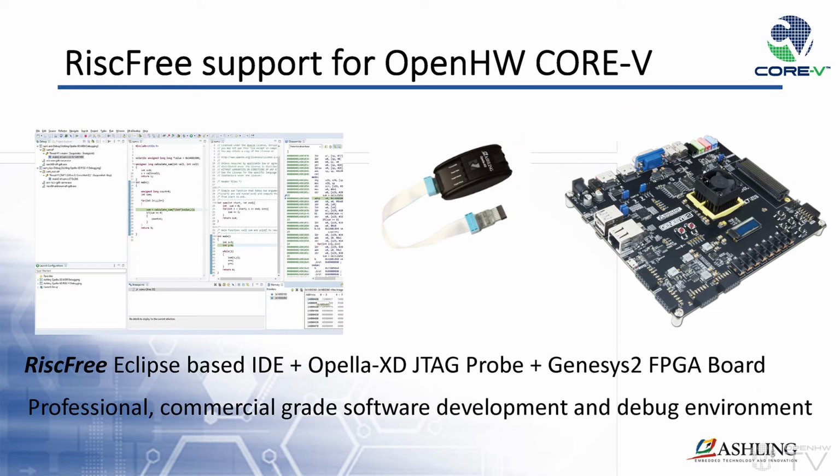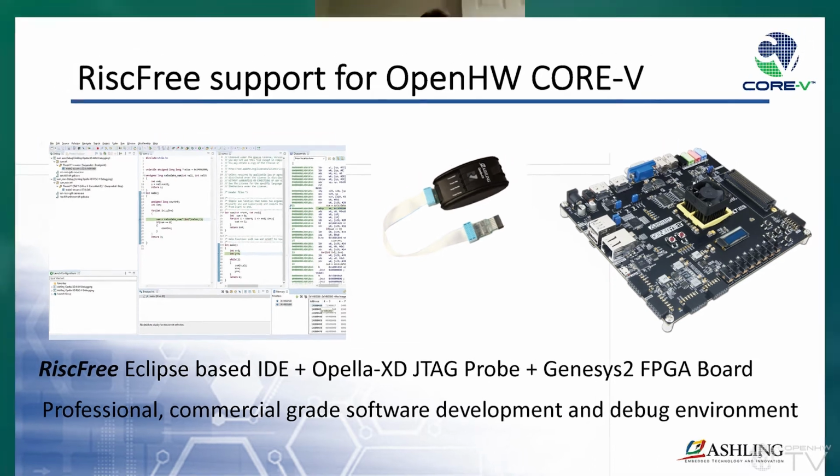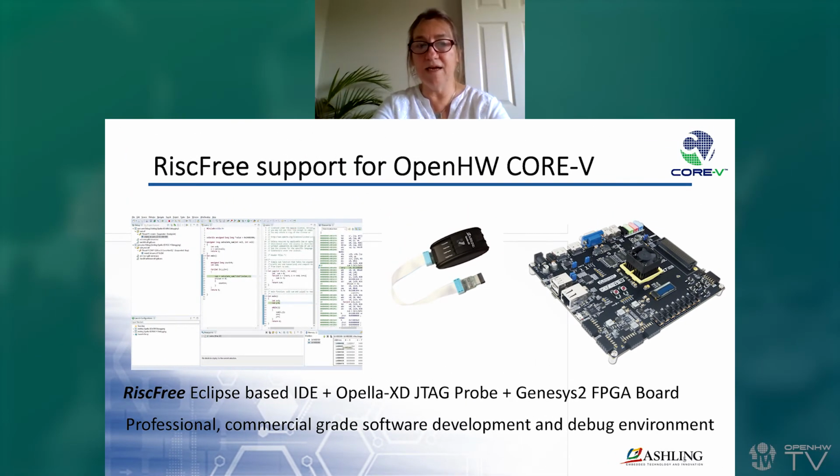So here you can see the prototyping environment for the Open Hardware Core-V development. On the right-hand side, you can see the Digilent Genesys2 FPGA board, which is an advanced, high-performance, ready-to-use development platform based on a Kintex-7 Xilinx FPGA.